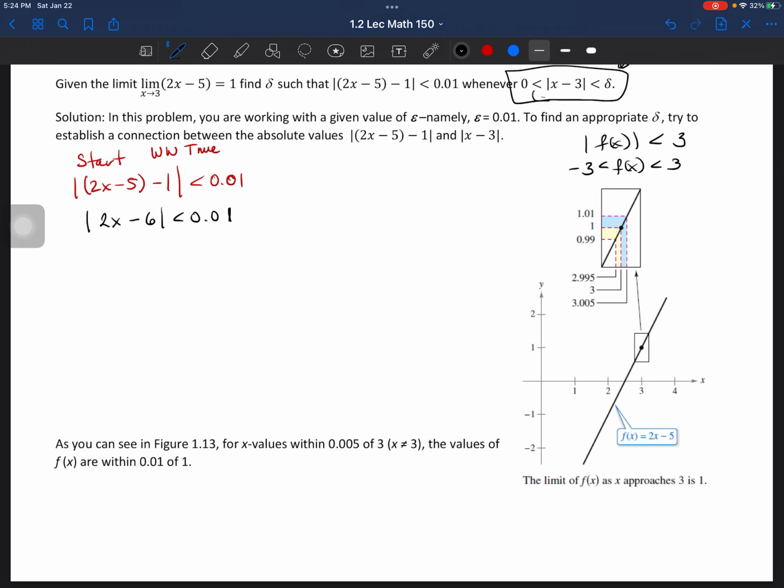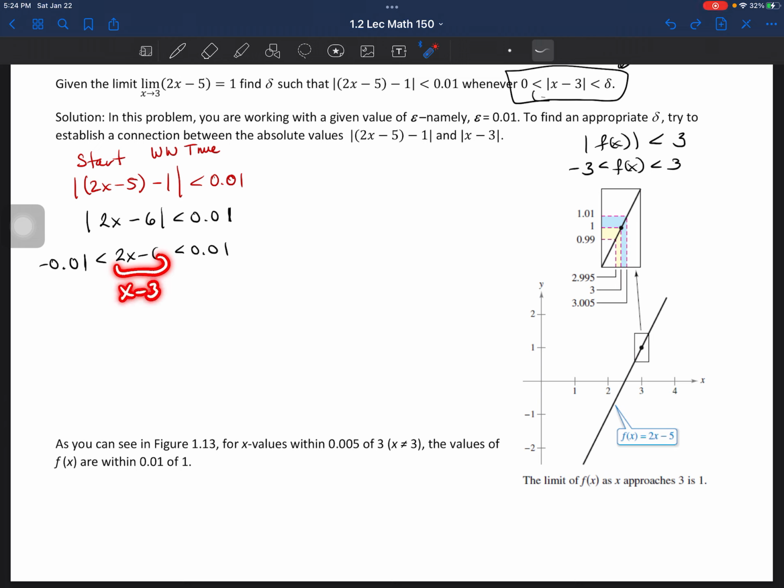It's the same thing here. We're gonna drop the absolute value by setting the inequality on both sides of the function and adding the negative.